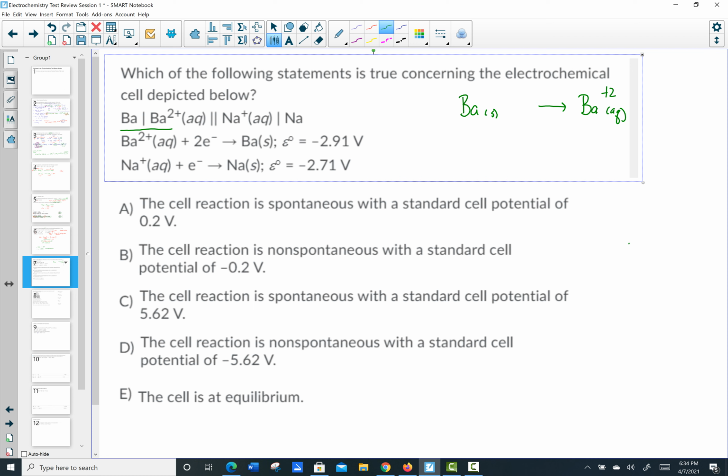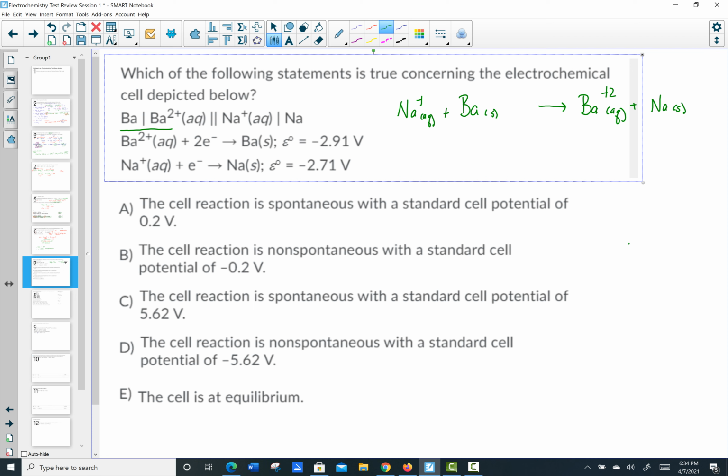And in the second half, the second cell, you can see the sodium ion is written first. So you would have Na plus aqueous. And on the product side, you can see that that would be Na as a solid.